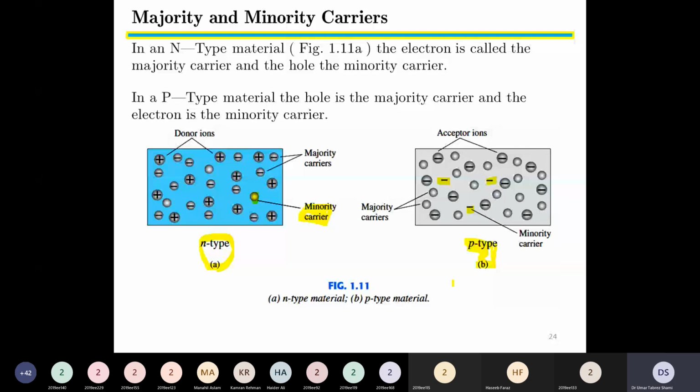When the electron moves, it fills in the hole, and where it came from is the second location of the hole. So we say that the hole is the positive carrier and the electron is the negative charge carrier.